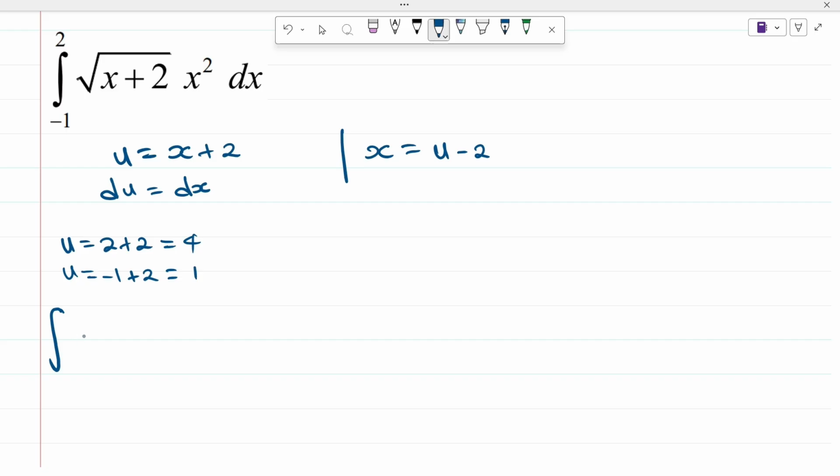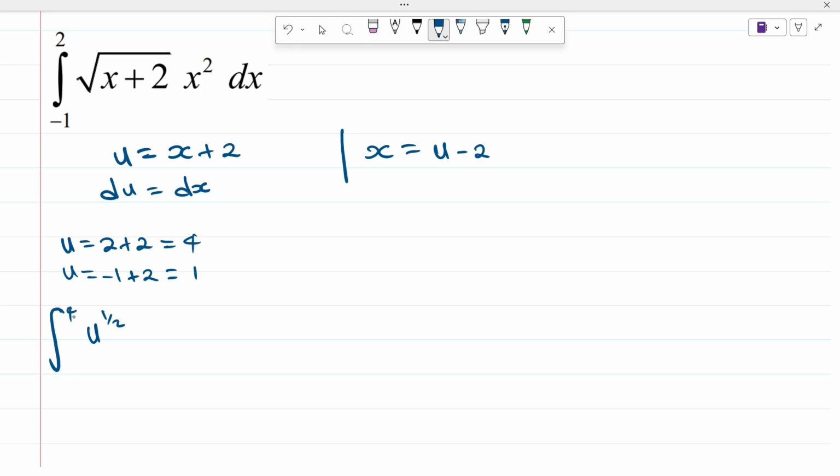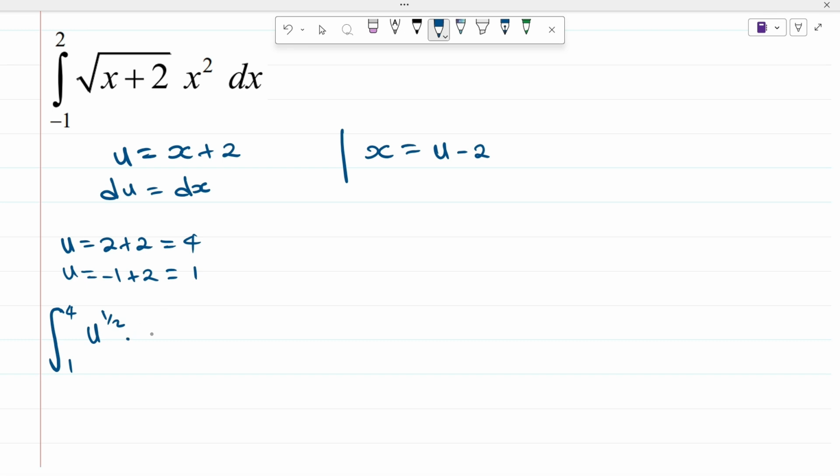Root of x plus 2 is root of u, or I can just say u to the power of half, and my upper limit is going to be 4 to 1. And what about my x squared? x squared equals u minus 2 squared. Then dx is equal to du.